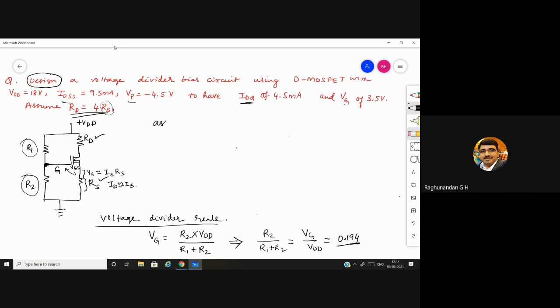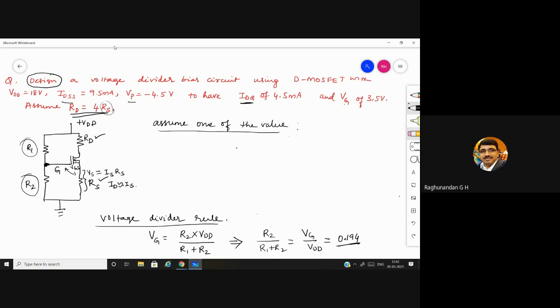We are going to assume one of the values. See here, if I assume this value, I'll get the exact value of this, right? Finally, the effective resistance will be the same. Are you getting what I'm telling?